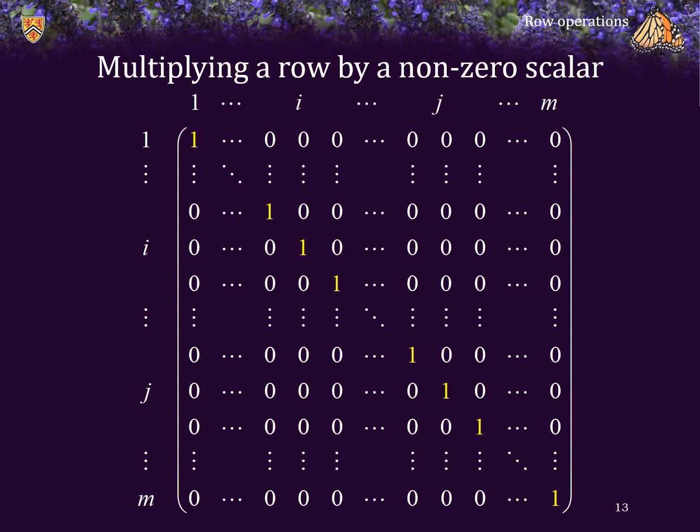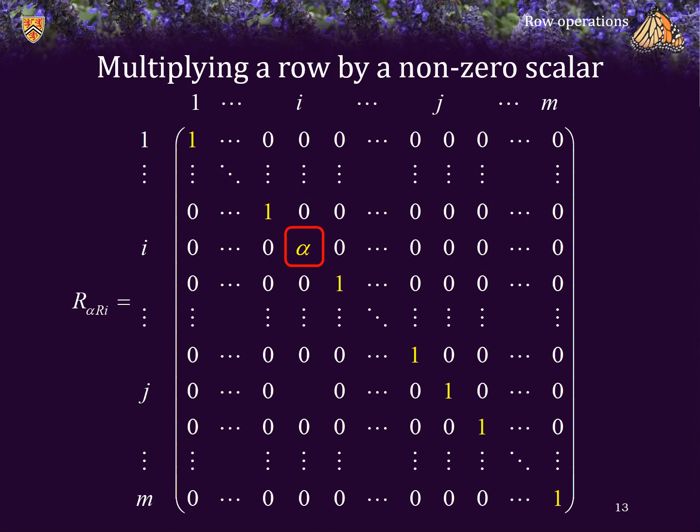However, if we wanted to multiply the ith entry of the vector by alpha, assumed to be non-zero, consequently, when we get to calculating the ith entry, which is by multiplying element-wise the ith row of this matrix by the vector, that means we need to change that entry on the diagonal to alpha.